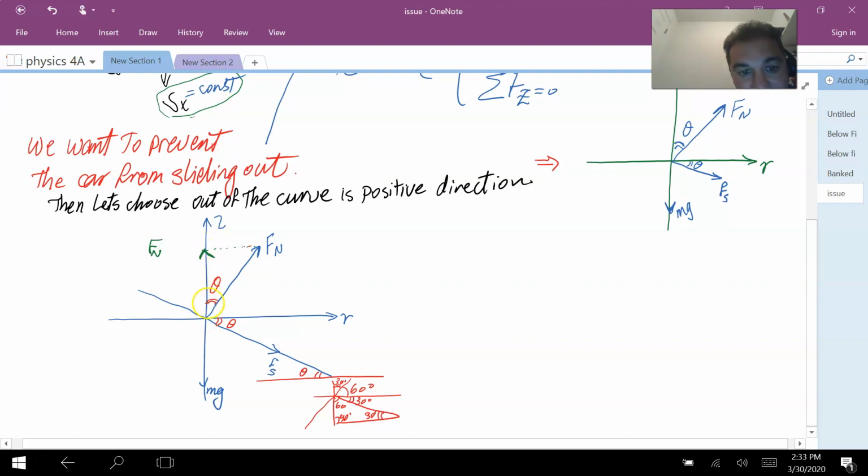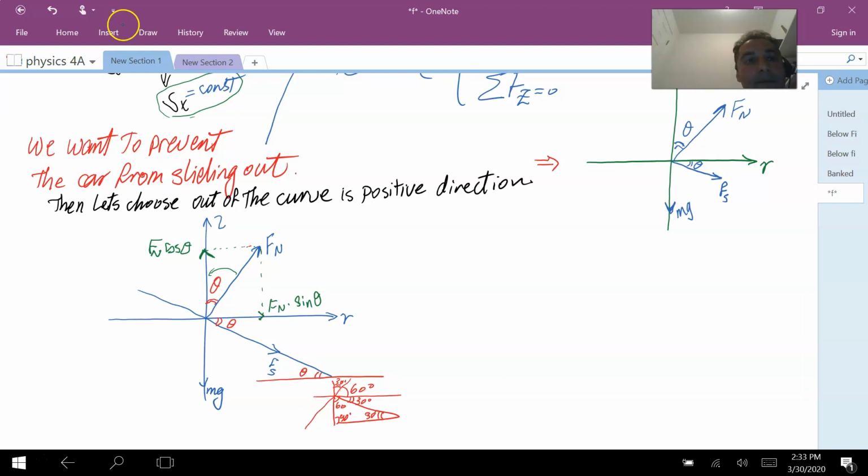This is adjacent for theta. You eat the angle like crocodile. So, see, when you eat the angle, this is adjacent. Adjacent loves cosine. So it will be Fn cosine theta. And in the same way, this will be what? Fn sine theta. So far good.